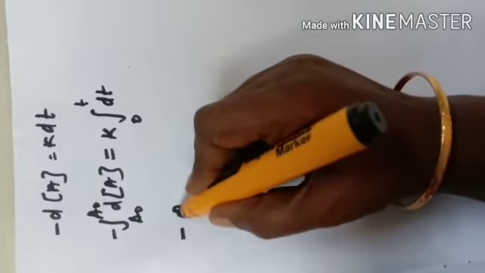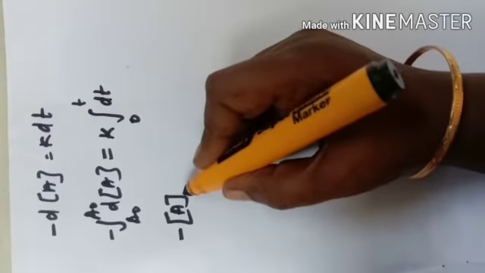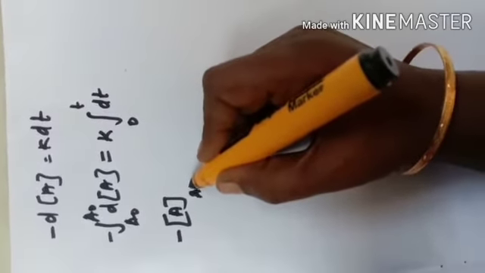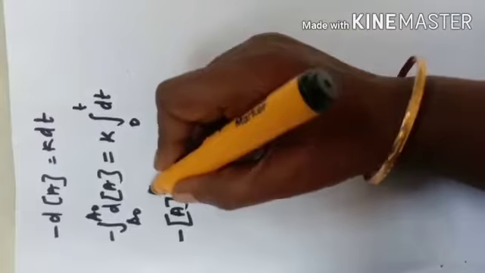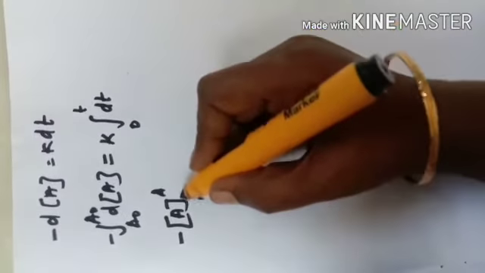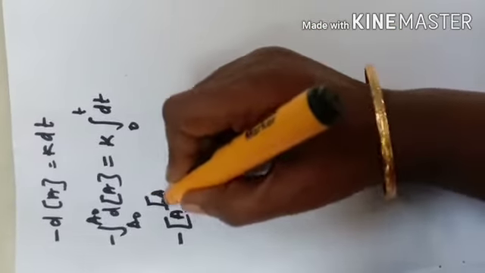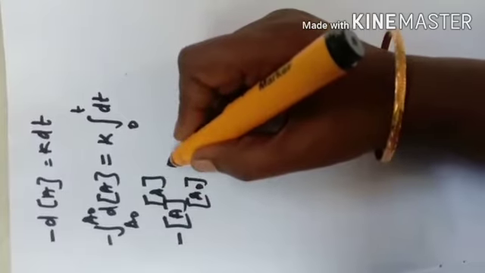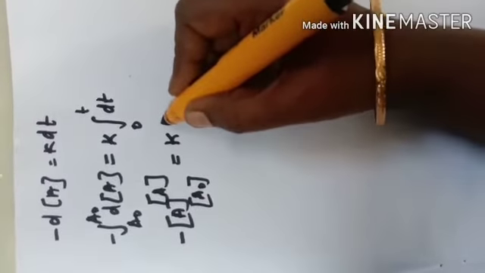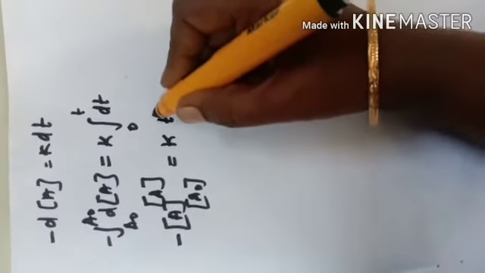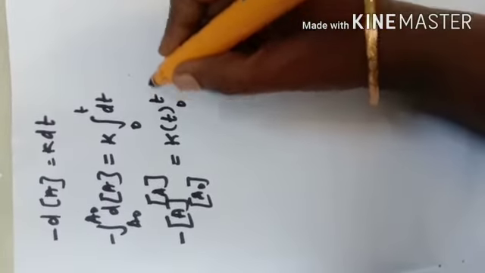Minus concentration A with the limits A naught to A equals k t, from 0 to t.